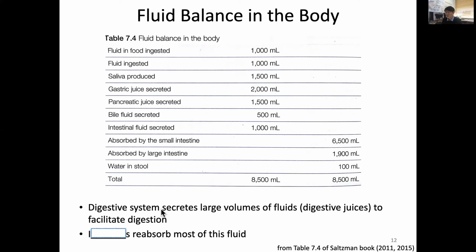The digestive system secretes large volumes of fluid, which we call digestive juice, to facilitate digestion. And most of the fluid you can see over here is reabsorbed in our intestines. Only the water in stool, a little amount, will come out of our body.